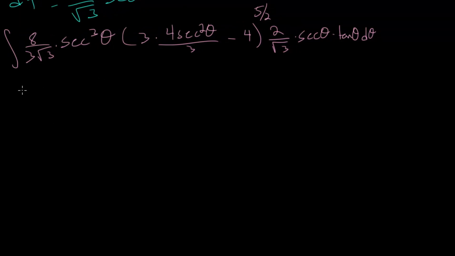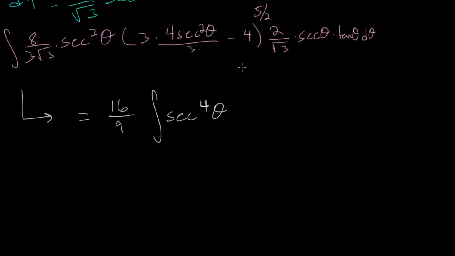So let's now make some simplifications. We can factor out these constants. 8 times 2 is 16, and 3 root 3 multiplied by another root 3. Well, root 3 times root 3 is 3, and 3 times 3 is 9. So we get 16 over 9 on the outside. And we have a secant cubed theta, but we also have another secant of theta here, so that's secant to the 4th of theta.